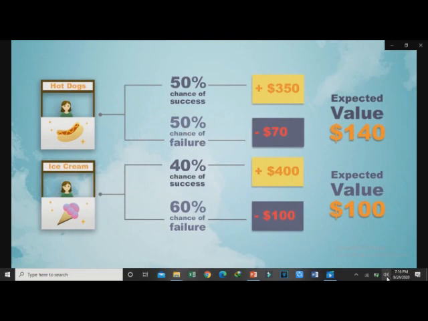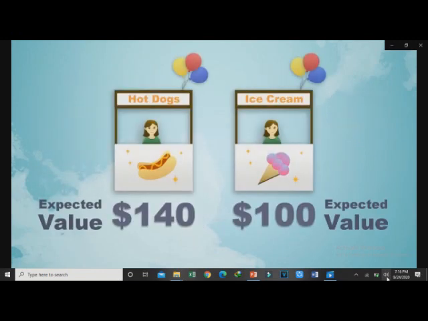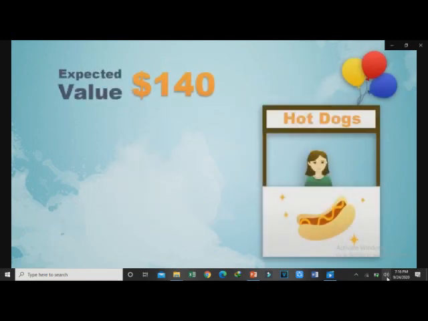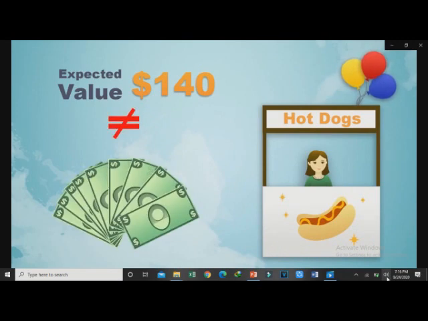You want the option with the highest probability of a good financial outcome. Both options have risks, but one of these options has a better chance in spite of those risks. That option is the one with the highest expected value. In this case, the hot dog stand. Now, $140 expected value doesn't necessarily mean you will earn $140.